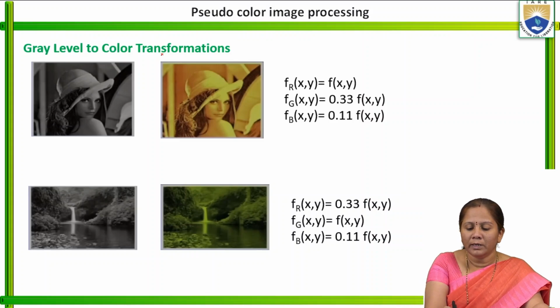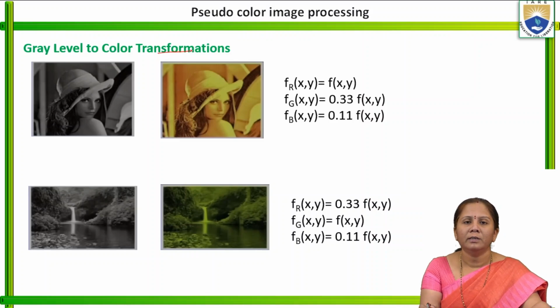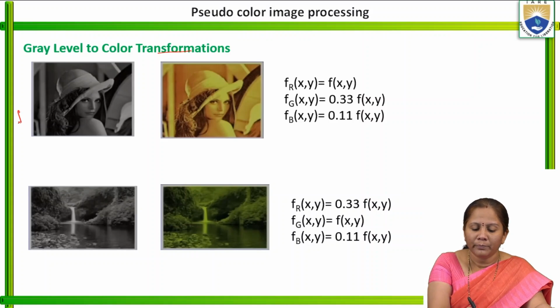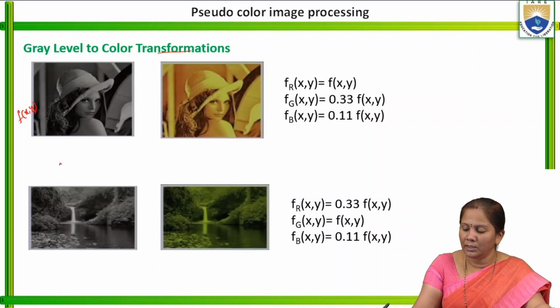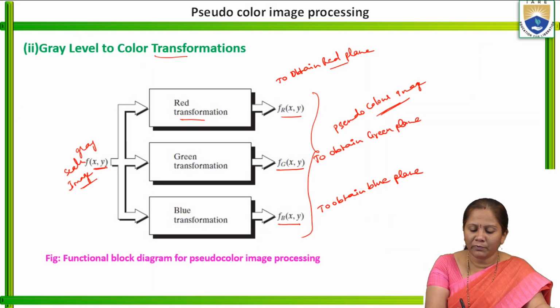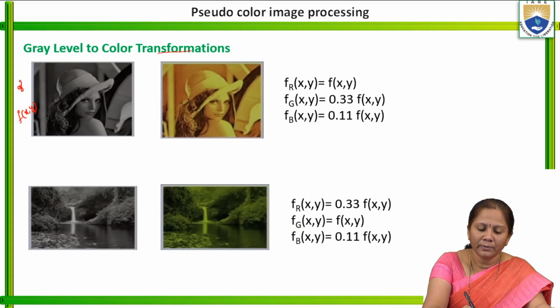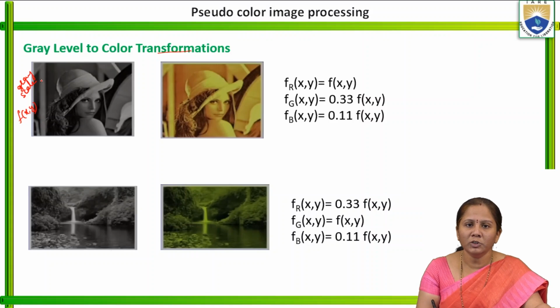Now, gray level to color transformation. Let us see here, the input is f of x comma y, which is the grayscale image.